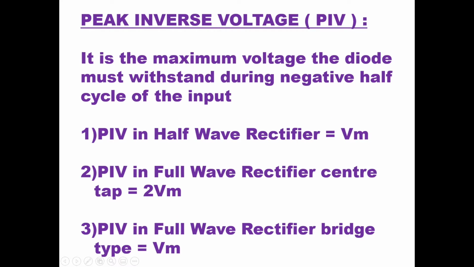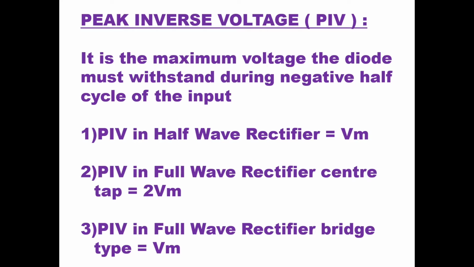Next, we'll see what we mean by peak inverse voltage, PIV. It is the maximum voltage the diode must withstand during the negative half cycle of the input. That means whenever the input is in the negative half cycle, what is the maximum voltage the diode can withstand? In the first case, peak inverse voltage for half wave rectifier is given as the maximum amplitude of the voltage, Vm.